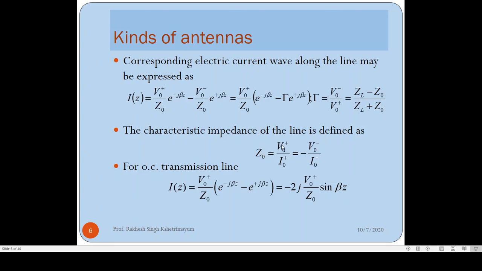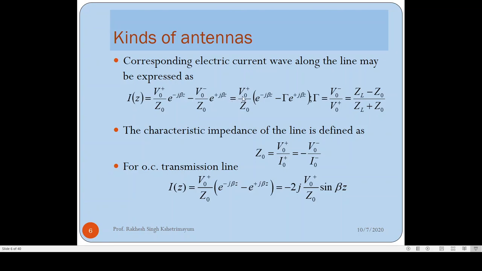For the positive traveling wave, Z0 is B0 plus by I0 plus, whereas for the negative traveling wave, Z0 is defined as B0 minus by I0 minus with a negative sign. That's why we have a negative sign here.